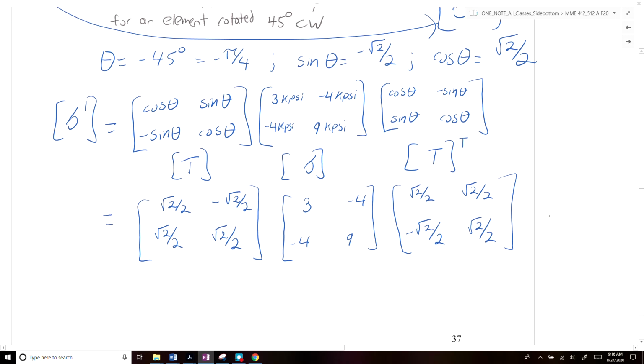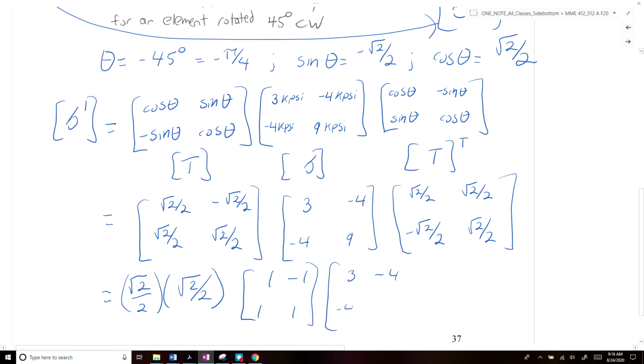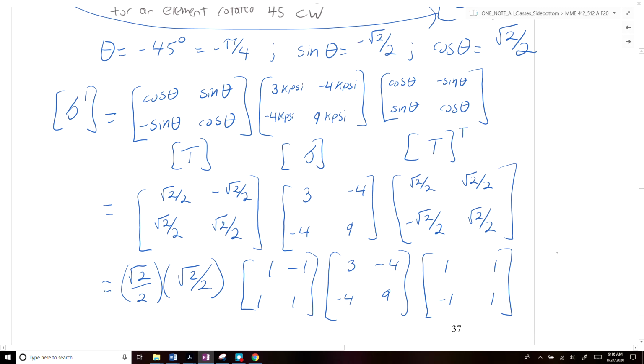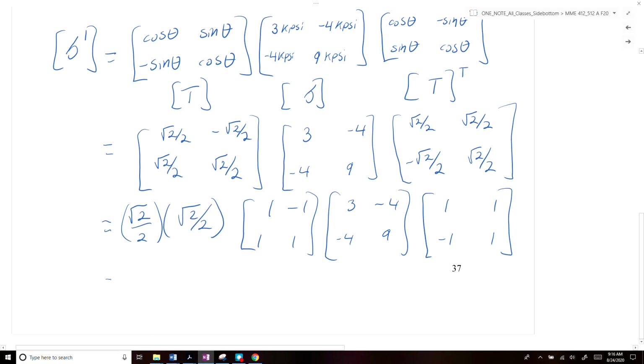Okay, so we can make this a little bit easier to calculate. We can take out the radical 2's over 2's from the transformation matrices. Then we'd be left with just 1, minus 1, 1, 1 times 3, minus 4, minus 4, 9, and then 1, 1, minus 1, and 1 for our last transformation matrix. Radical 2 times radical 2 over 2 is equal to 1/2.